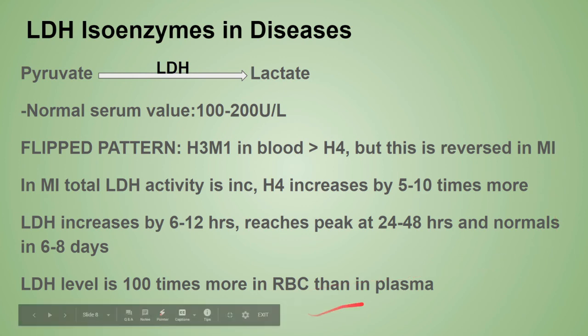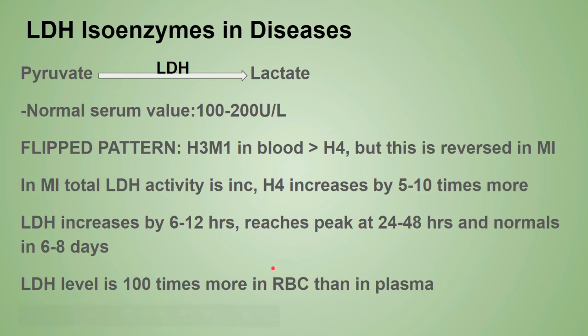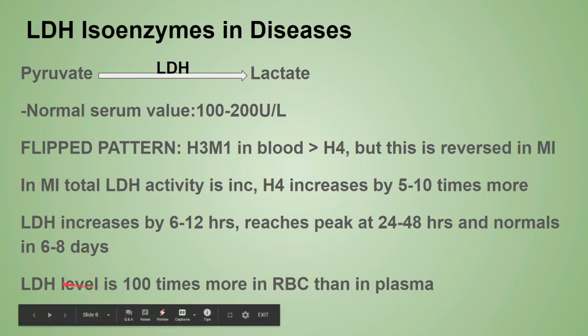In hemolysis, whatever amount of LDH is present in the RBC, 100 times more, will come out into the blood and show a false high positive value in the test of this LDH enzyme in the blood. So LDH enzyme level can give us a false positive value.